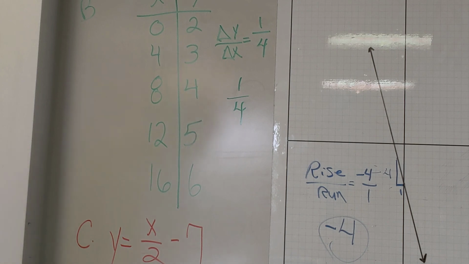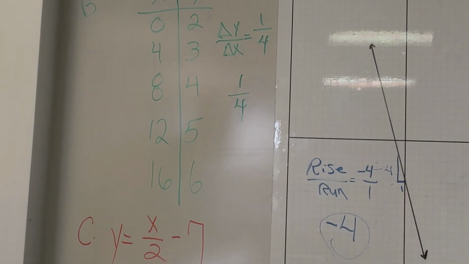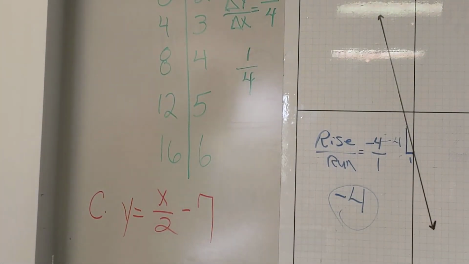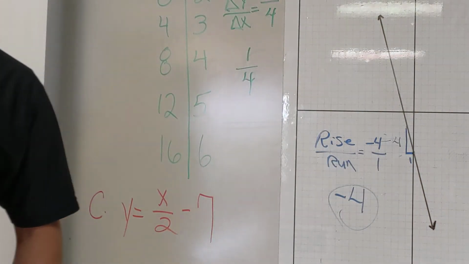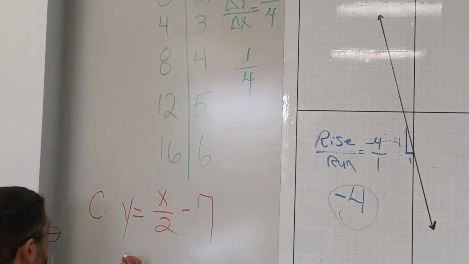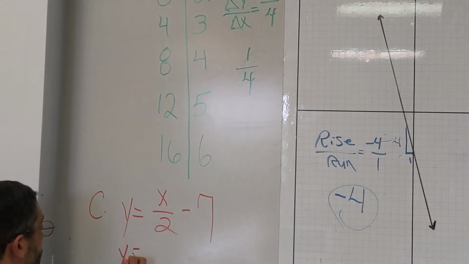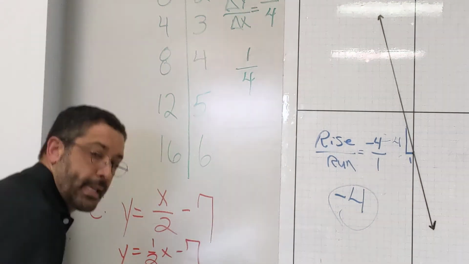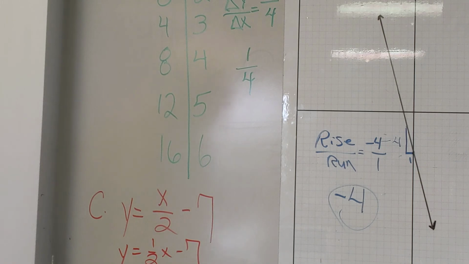Now let's look at C. C says y equals x over 2 minus 7. All right, so whenever you see something like that, that's just another way of writing y equals 1/2 x minus 7. All right, so that's how you need to read it.